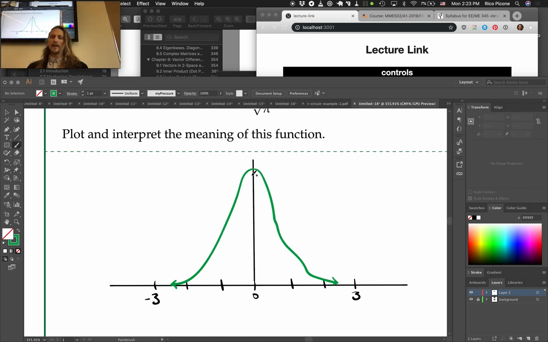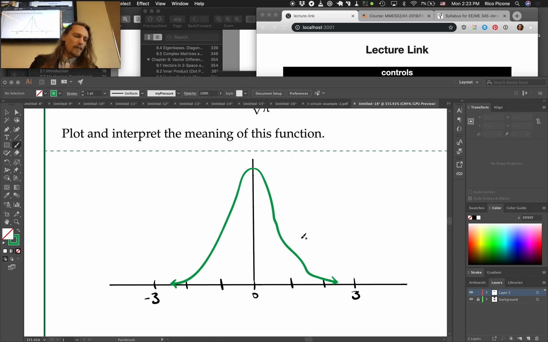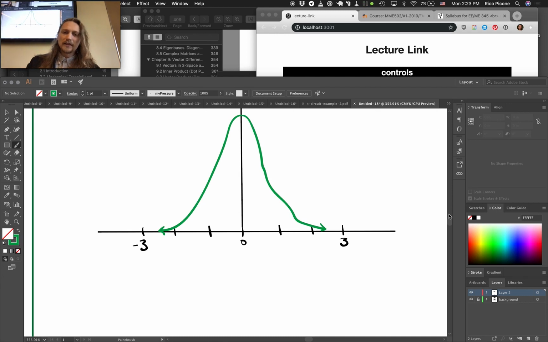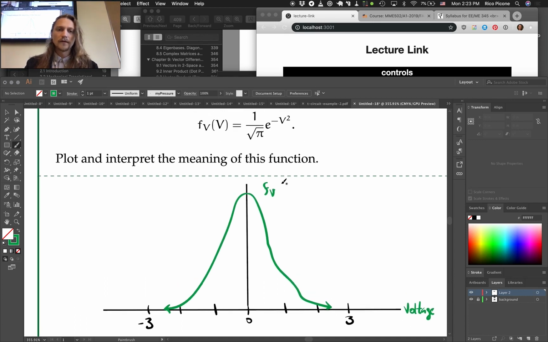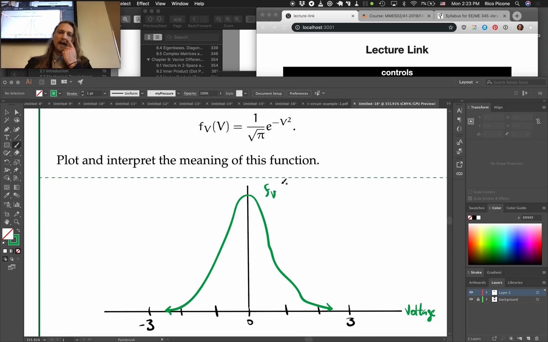Very poorly drawn bell-shaped curve. And this is the voltage here, right? And this is the f sub V, the probability density function.